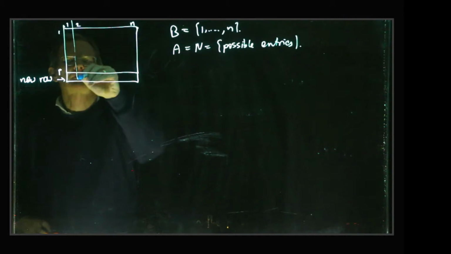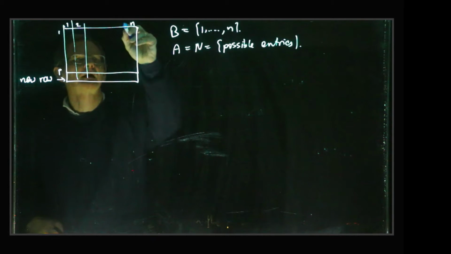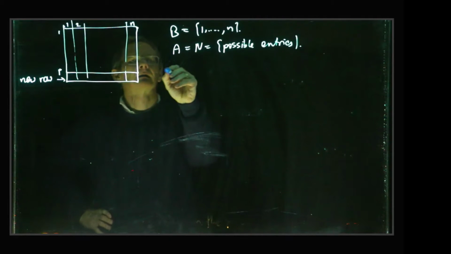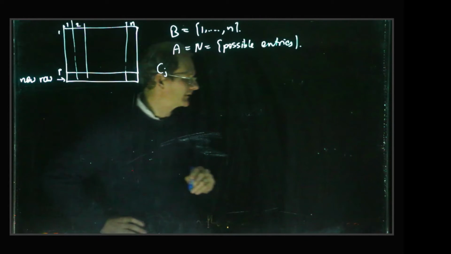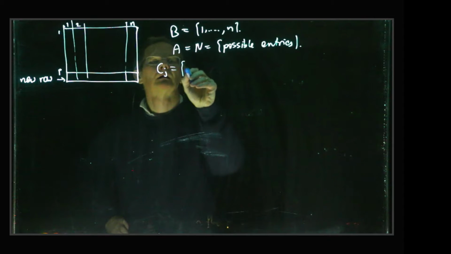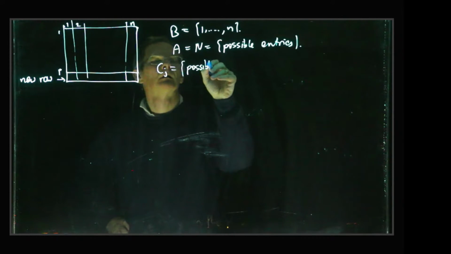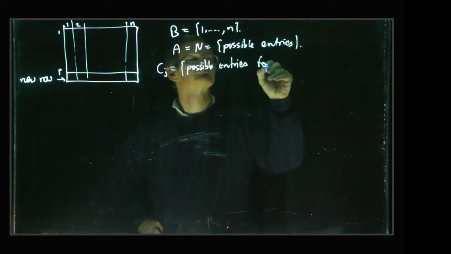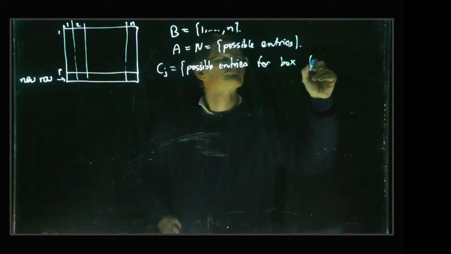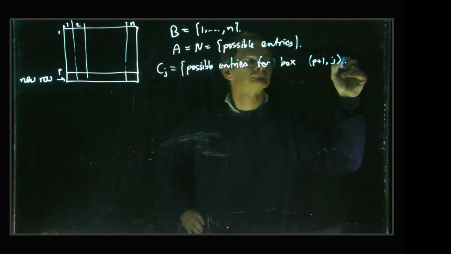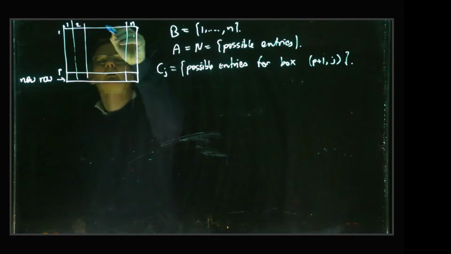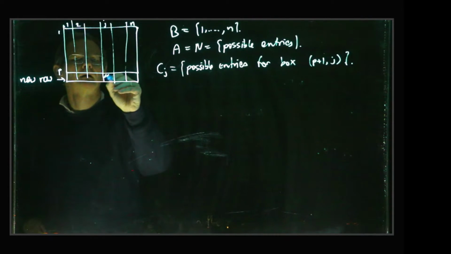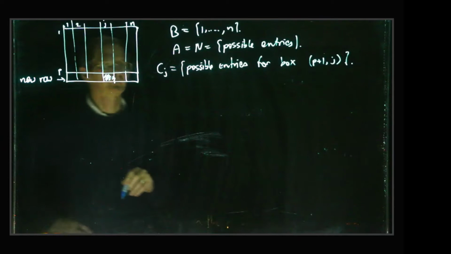That might just be the set 1 up to n, or it might be some other set of size n. Then Cj is going to be, okay, we've got our j here, and we're looking at what we can put in this box.